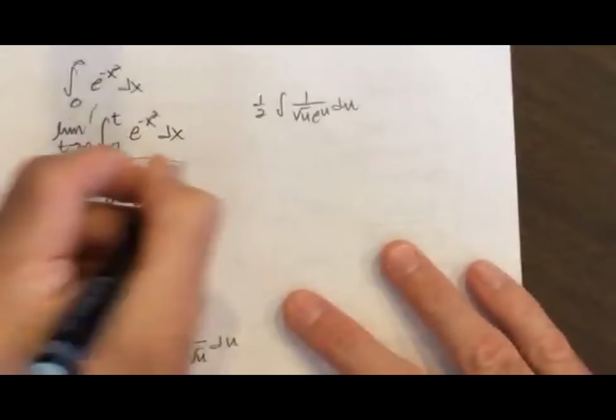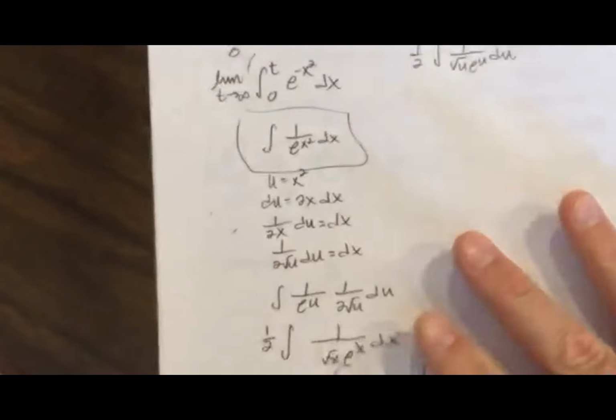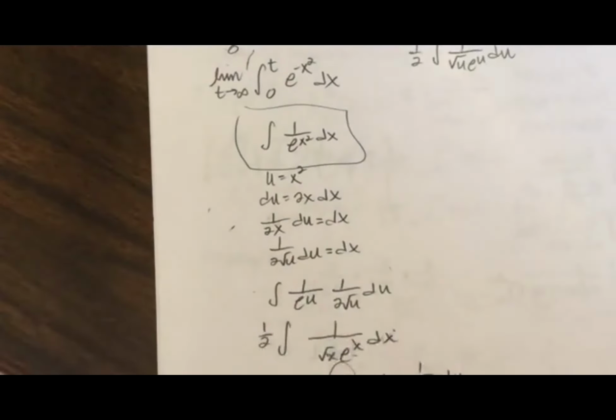Well, here's the good news. I'm going to maybe cut you off right here because you can keep trying to do the stuff that we've been doing. There's all those techniques from chapter 5 and chapter 7, and we've been learning about them for like 2 months. And guess what? None of them work. In fact, there aren't any techniques that work because the antiderivative of this is not an elementary function.